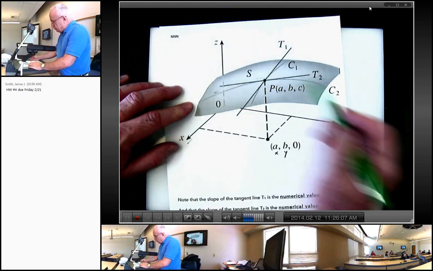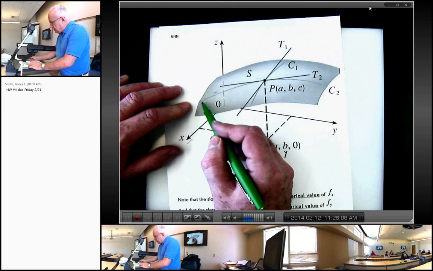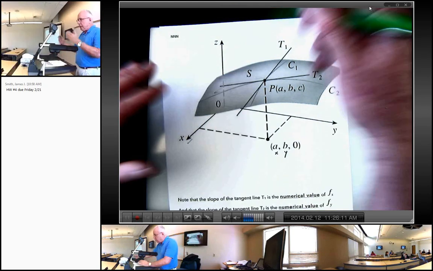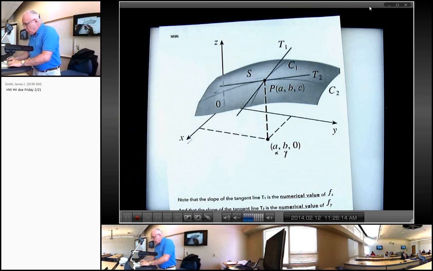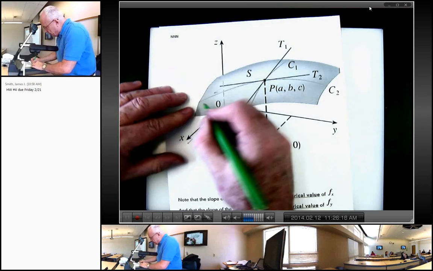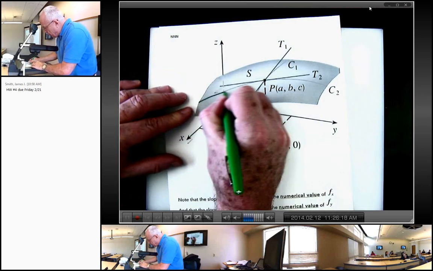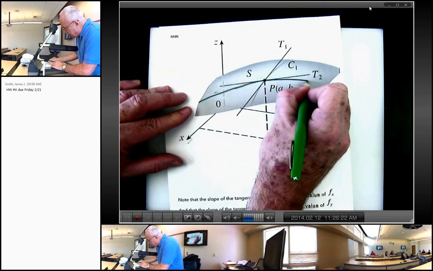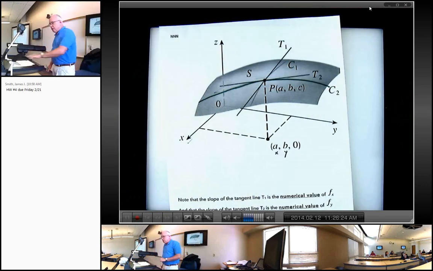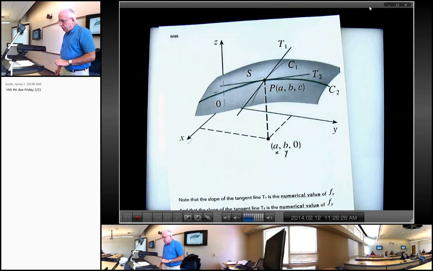This is as if we're just cutting it with a plane, and what we get is this curve. When we cut into this surface along the y-axis, we get this curve here. They call the curve C2, right?